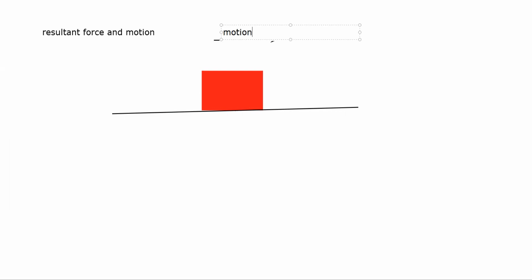Its direction of motion is towards right, and it was moving with a speed of 5 meters per second. And you applied a force of 7 Newton and the friction was 2 Newton. What is the resultant force? A force of 7 Newton is towards right and a force of 2 Newton is towards left. What is the resultant force on this object? The resultant force on this object is 5 Newton.